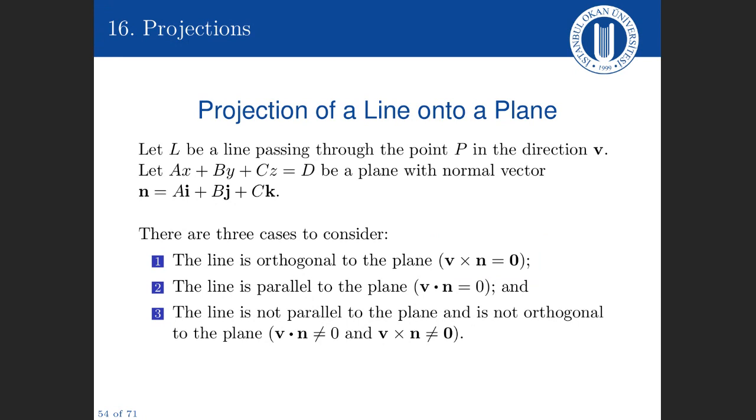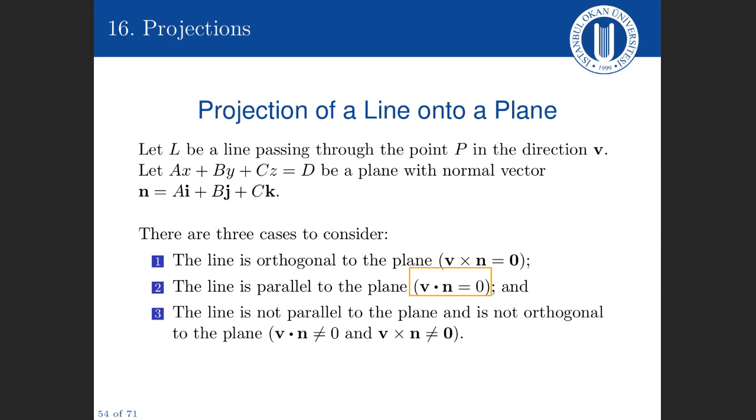Case 2, we need to talk about what happens if the line is parallel to the plane. We know that a line is parallel to the plane if v dot n is equal to 0.